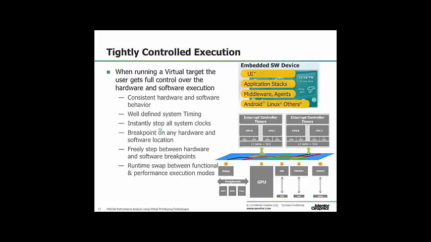So if you have a virtual prototype that may be booting up Linux, and it includes an Ethernet model, it gives you the chance to maybe secure shell log into it or FTP onto it, just as if it was a real hardware board.